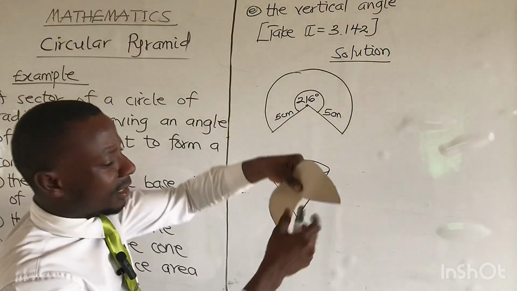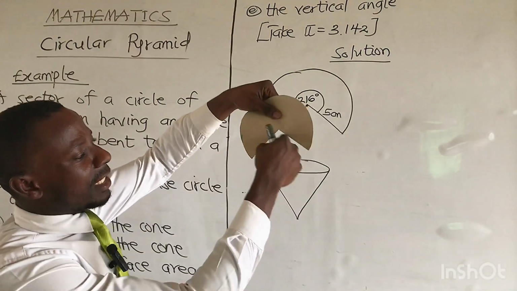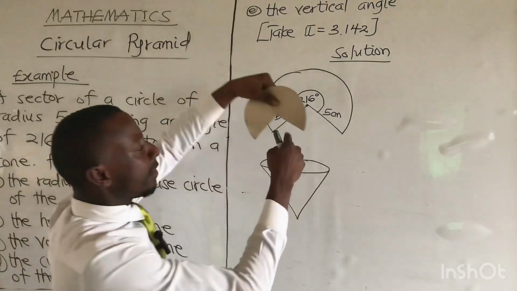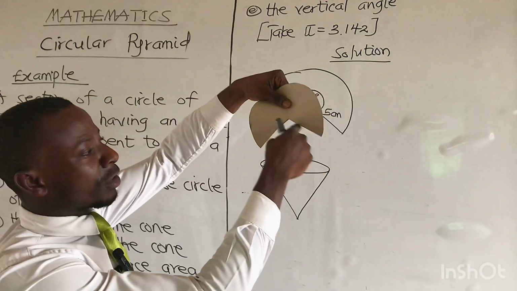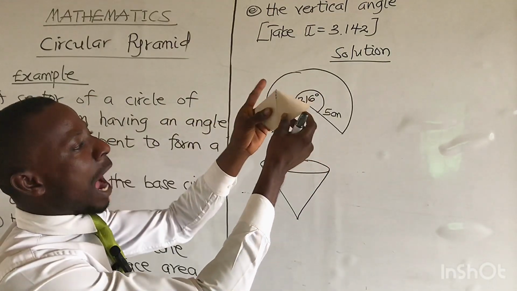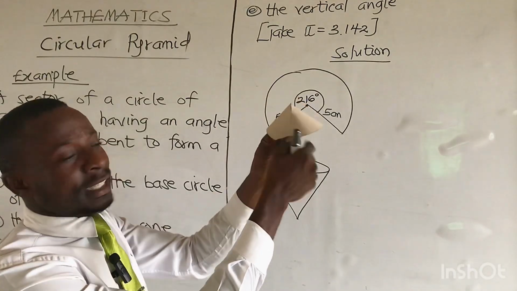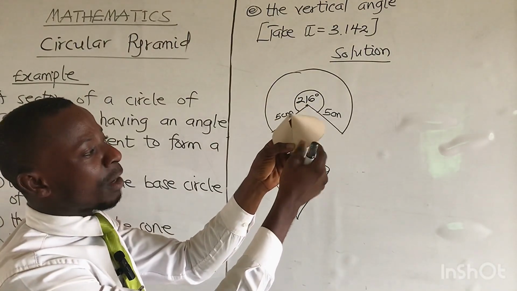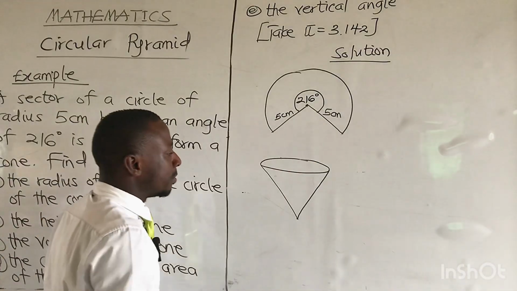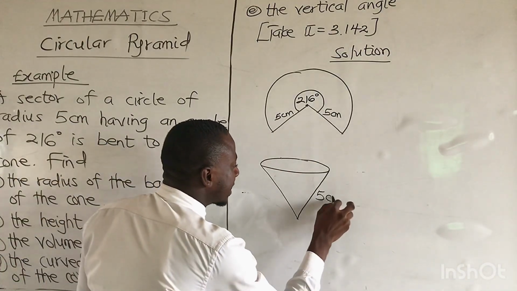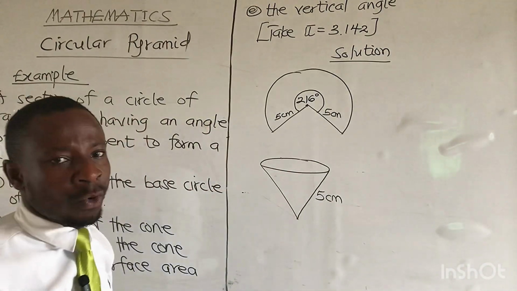All right, now initially this side from the question is 5 centimeters. That's the radius of the circle. When I bend, that 5 centimeters will coincide with the other part, which will now form the slant height of the cone.